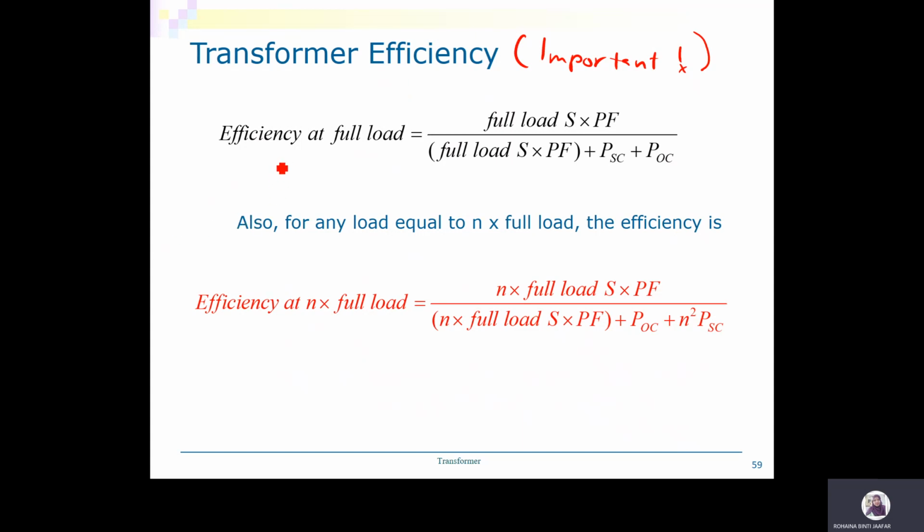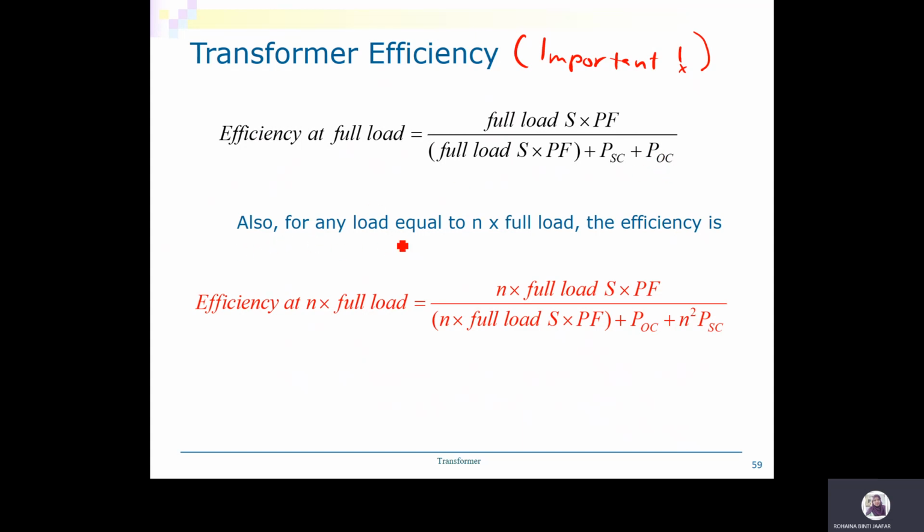So you have efficiency at full load, which equals full load S times power factor over full load S times power factor plus P short circuit plus P open circuit.